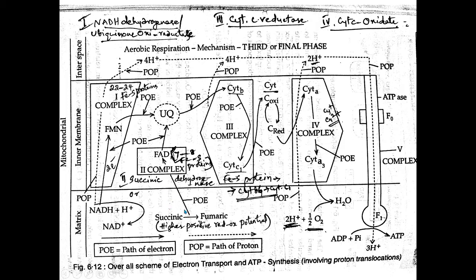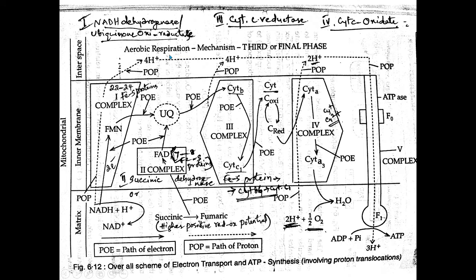They undergo oxidation by releasing electrons, and FAD receives the electrons and undergoes reduction. So this FAD enters into complex 2. That's why the cytosol NADH produces only 6 protons. While the electrons from these NADH reach the oxygen, only 6 protons enter into the intermembranal space.